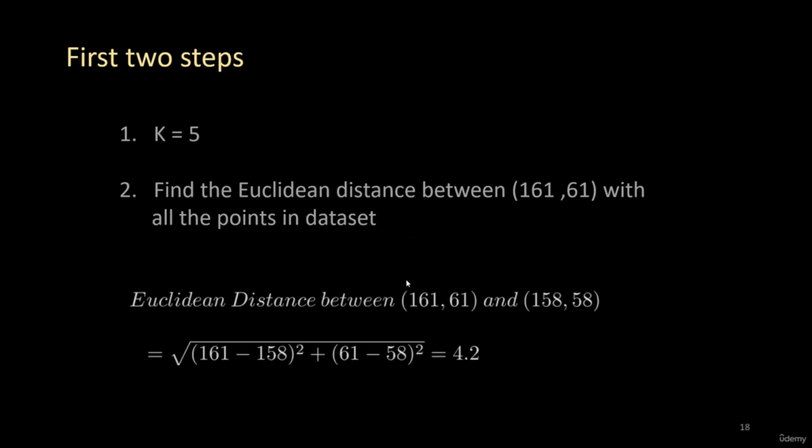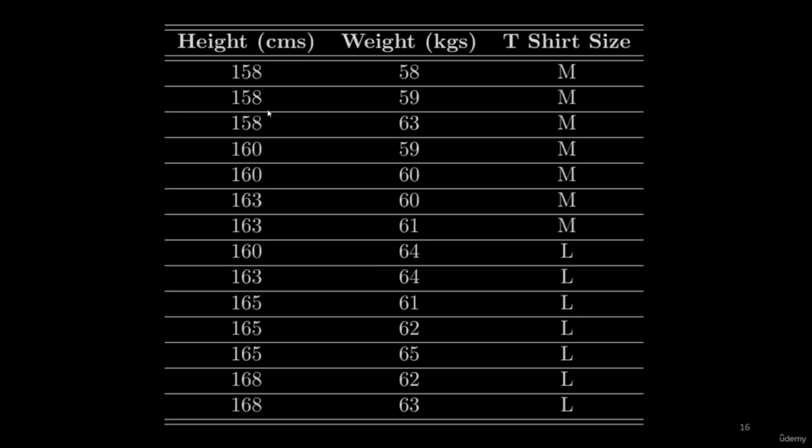This is our new point and this is our first point. These are the coordinates of the new point, 161 and 61, and these are the coordinates of our first data sample, 158 and 58. If we go back, we can confirm that our first data sample has height 158 and weight 58.